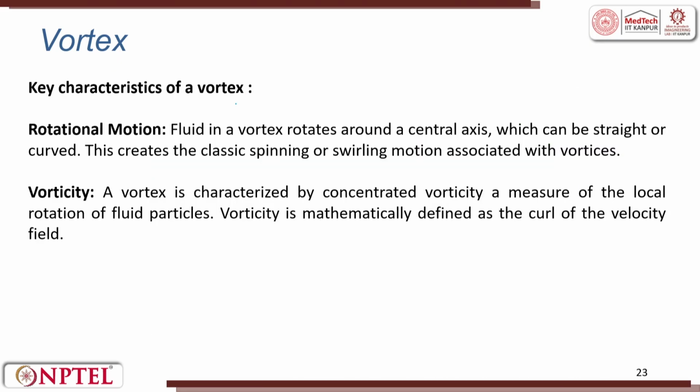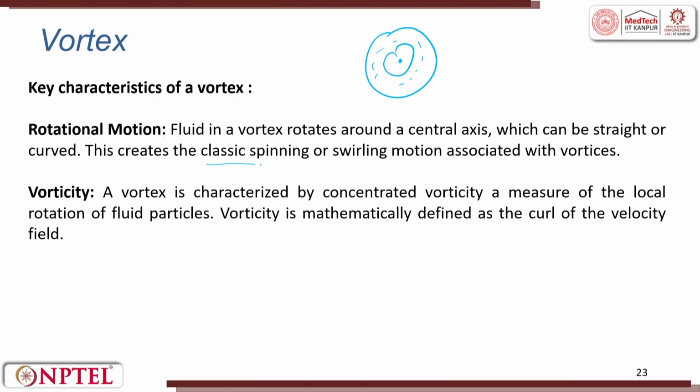What are the key characteristics of a vortex? Rotational motion. The fluid in a vortex, so this is a torus, rotates around a central axis. So, the particle can go around like this, around the central axis, which can be straight or curved.